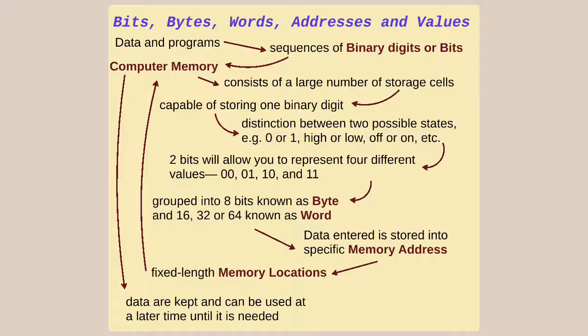Bits can be grouped into 8 bits known as a byte, and 16, 32, or 64 known as a word. Data entered is stored into a specific memory address, which is located in fixed length memory locations that make up the whole computer memory, where data are kept and can be used at a later time until it is needed.